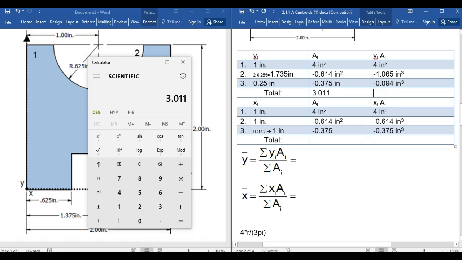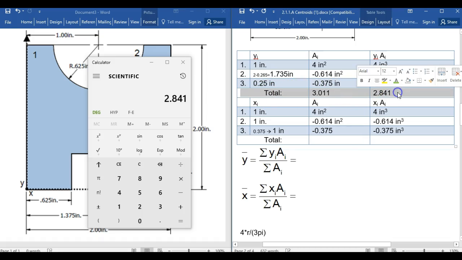And then over here I'm going to do, again, 4, come back to my calculator, 4 minus 1.065 minus 0.094, which gives me 2.841.